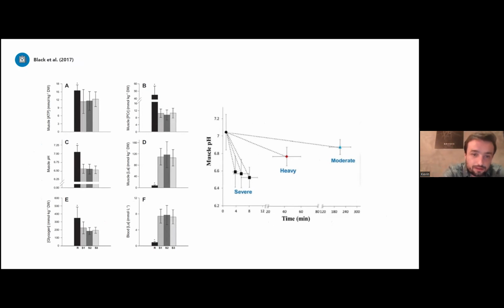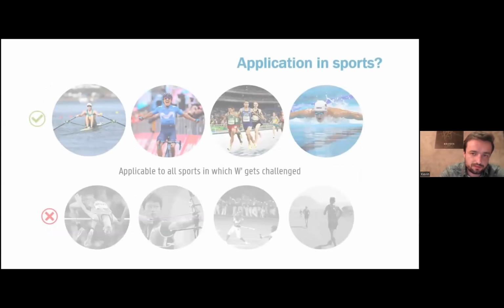But if you look at the left graph, it doesn't matter how high the power output was, because at the end, people stop when they reach a critical limit inside the muscle. So when W prime equals 0, it might be that we reach some critical metabolic milieu within the muscle. That's an interesting observation.